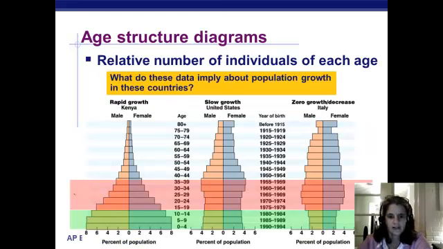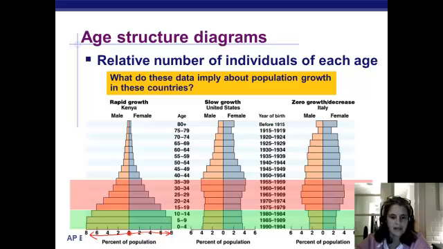This is an age structure diagram. You need to be able to recognize this and use it. It's not very difficult, but I've seen them show up on tests. What they're showing you is, generally speaking, across the x-axis, 0% of population, and moving out this way.